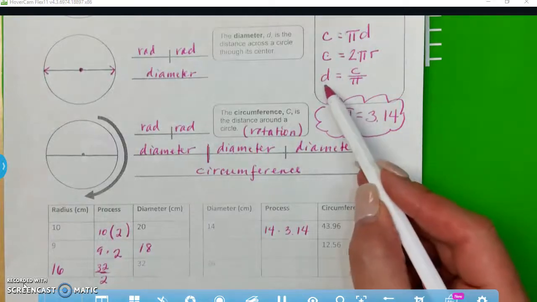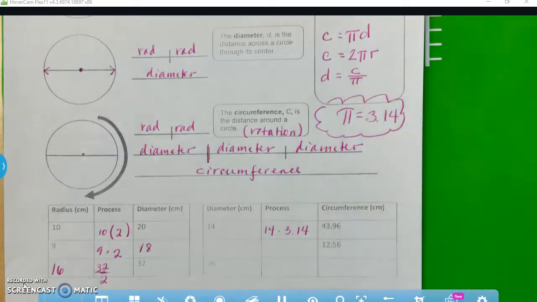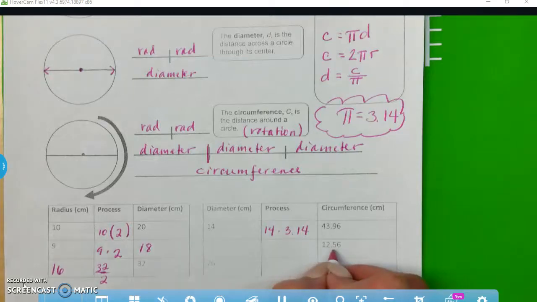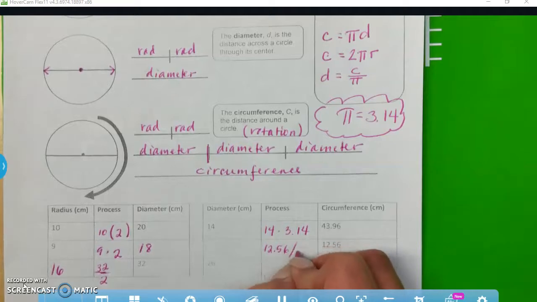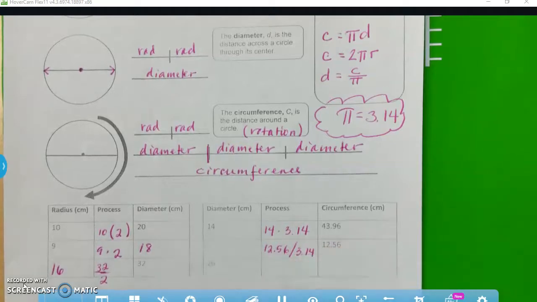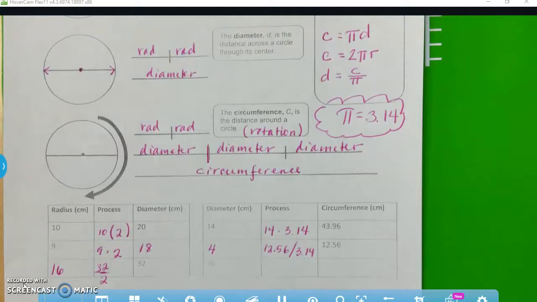To find a smaller value of diameter, I will divide circumference by pi. So 12.56 would be divided by 3.14. A little short on space, but this is your division. Okay, that gives me 4 centimeters.